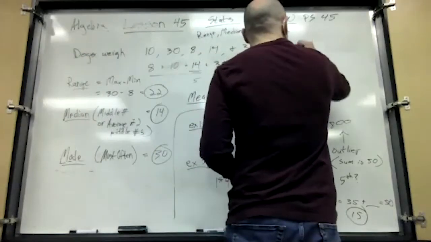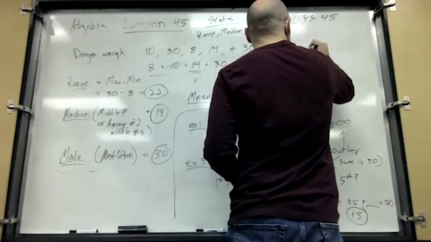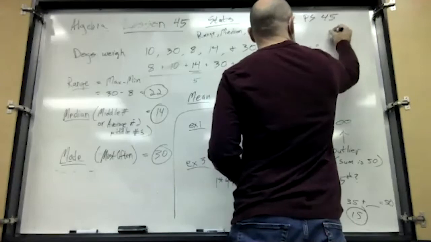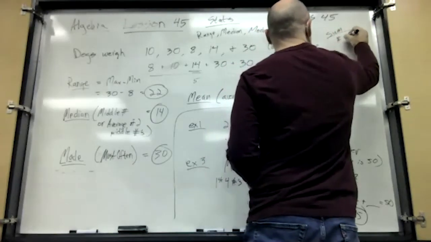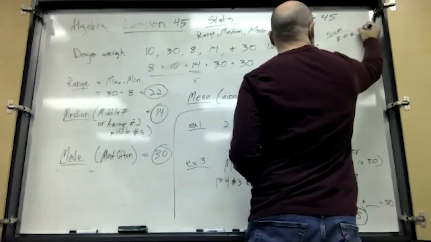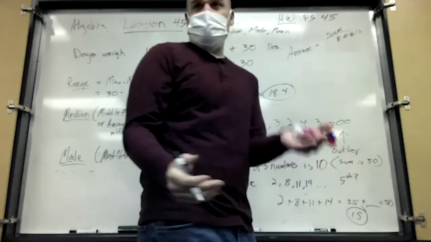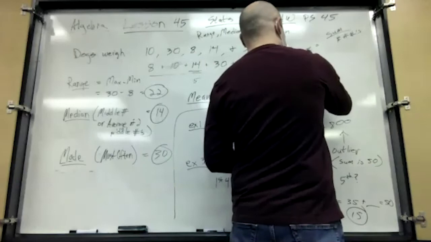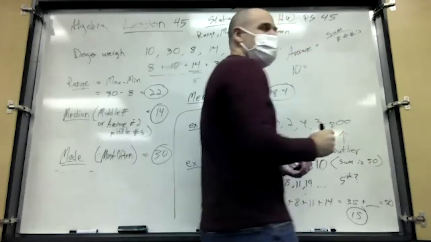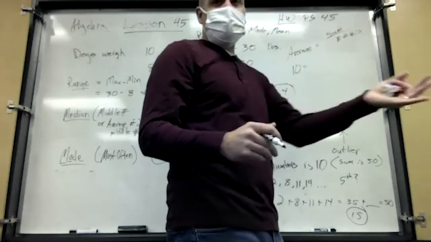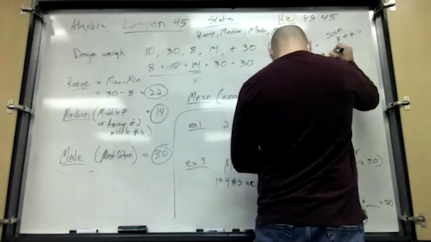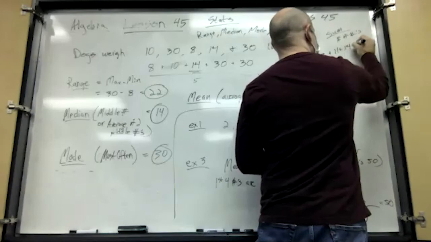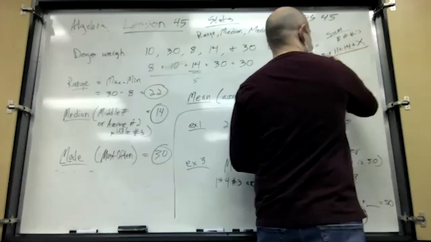So if I say the average equals sum divided by number of numbers, right? Well, now I'm just going to fill in what I know. I know the average. It's 10. And I'm going to fill in what I know about the sum. So the sum is going to be 2 plus 8 plus 11 plus 14 plus x.